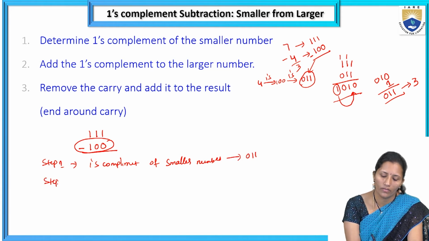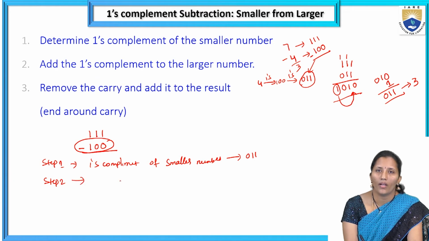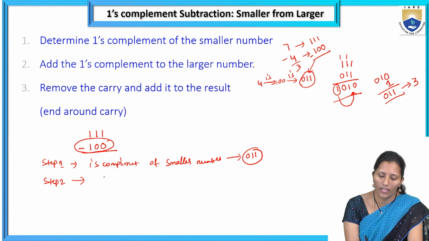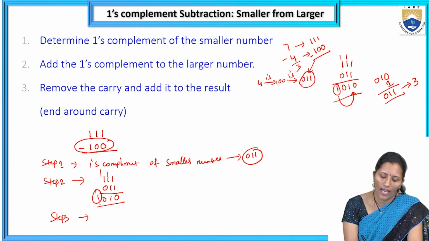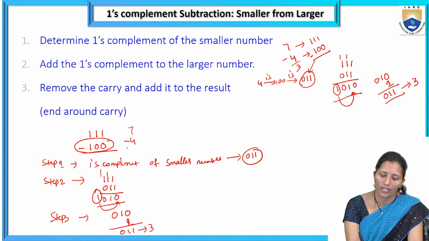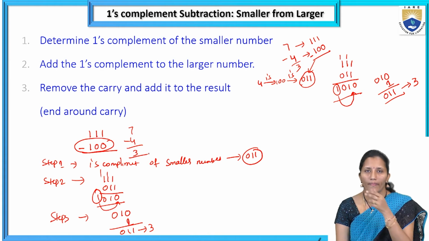In step 2, we add this result to the larger number, 1 1 1. So we perform 0 1 1 plus 1 1 1, and we get a carry. In step 3, add this carry to the LSB. So 0 1 0 plus 1 is 0 1 1. That is 3. So 7 minus 4 we are getting 3. Okay.